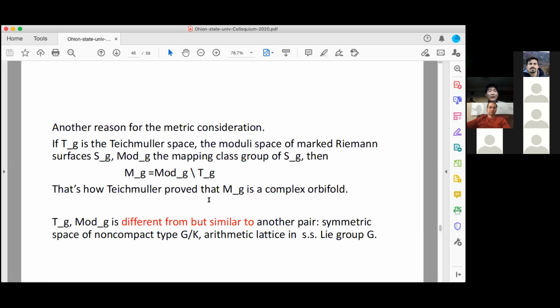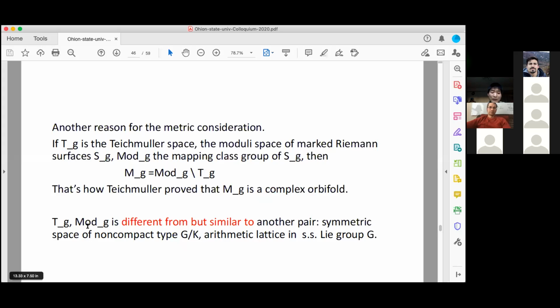Let me also mention another reason for the metric consideration. If Tg is a Teichmüller space, which is a moduli space of marked Riemann surfaces, and Modg is the mapping class group of the surface, then Mg is the quotient of the Teichmüller space by the mapping class group. That's how Teichmüller proved Mg is a complex orbifold.